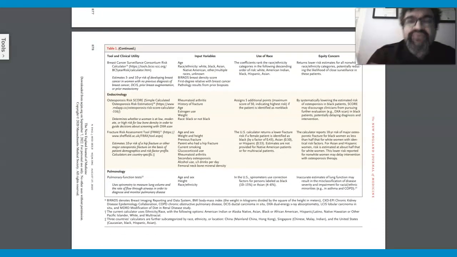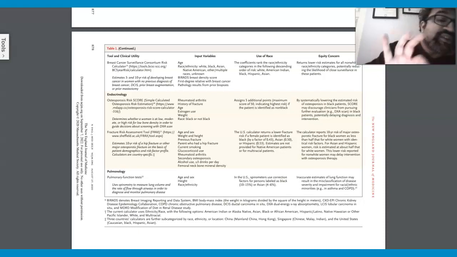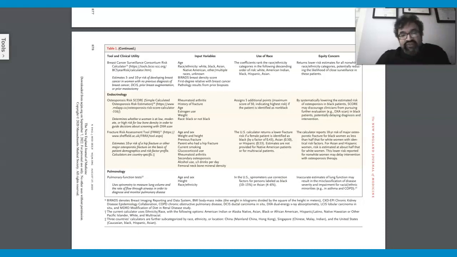Then if we move on to the last two systems, endocrinology and pulmonology. Looking at endocrinology, the osteoporosis risk score is a simple calculated osteoporosis risk estimation, and the input variables, interestingly enough, include rheumatoid arthritis, history of fracture, age, estrogen use, weight, and race.